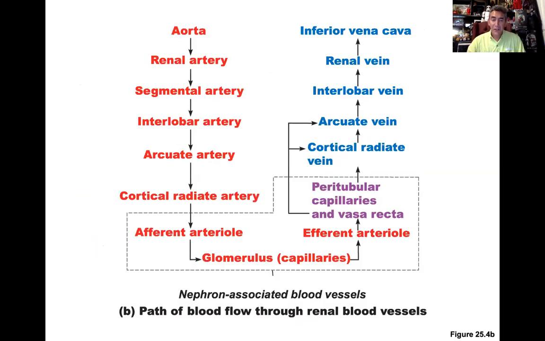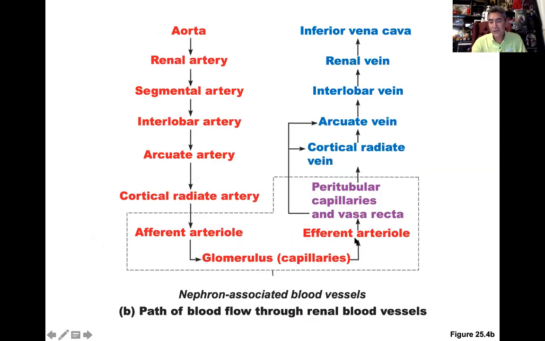So looking at our glomerulus, if we follow circulation, we leave the aorta, we're arterial. We shift now into the arterioles. We have a capillary bed that we call the glomerulus.